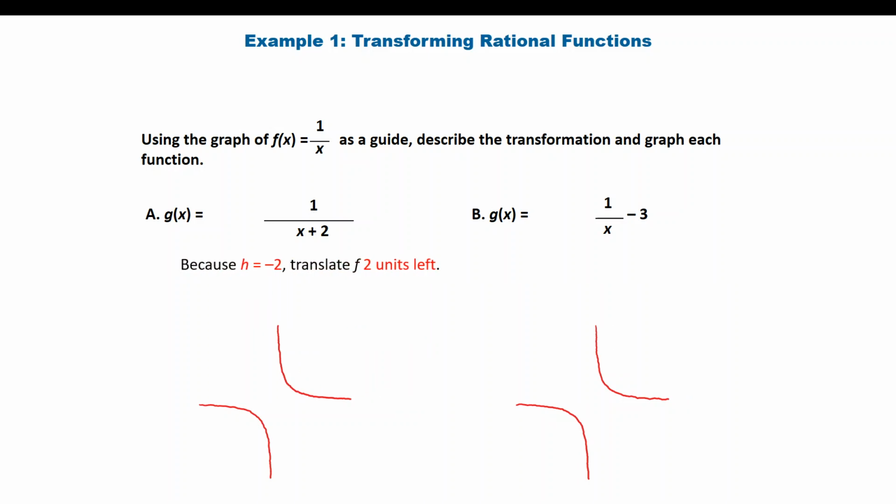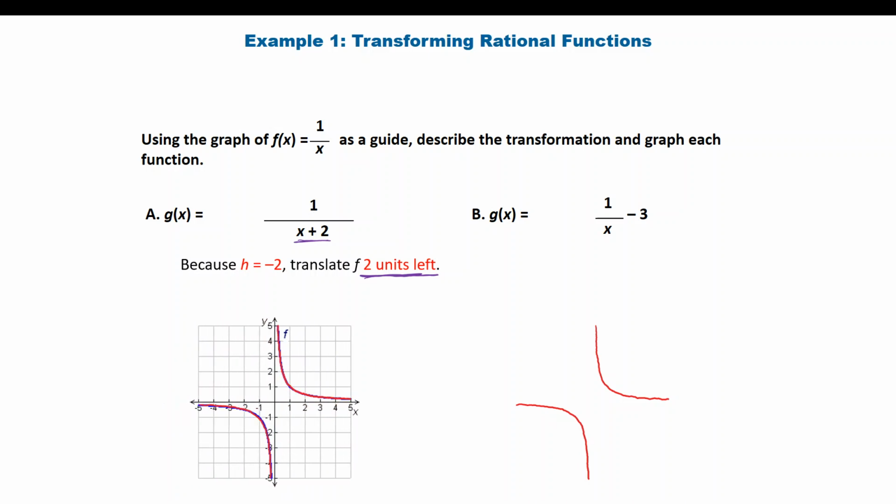So we're going to translate 2 units to the left, because remember, horizontal is horrible, so we almost always do the opposite of what it says. If it says plus 2, it's going to move 2 units to the left. Here is our function f of x, and to translate it 2 units to the left, we just pick it up and move it over 2 units.